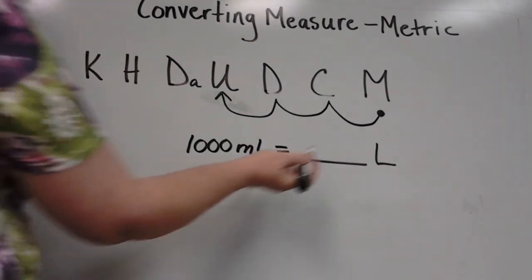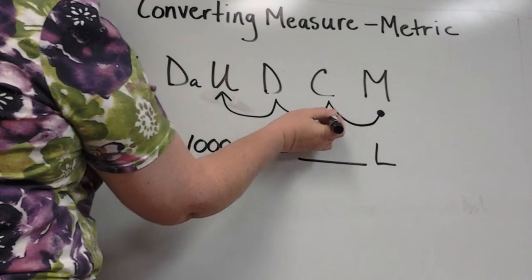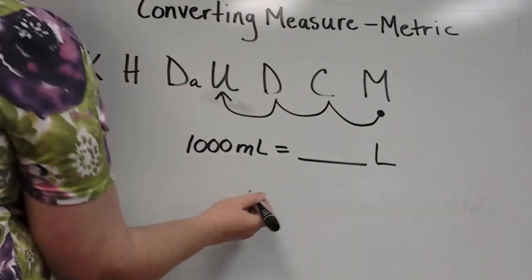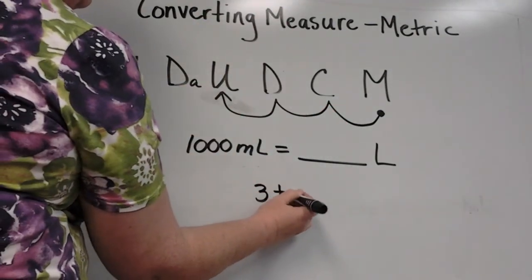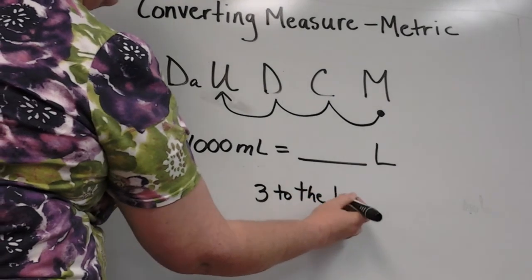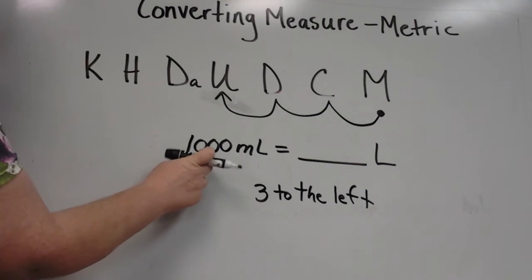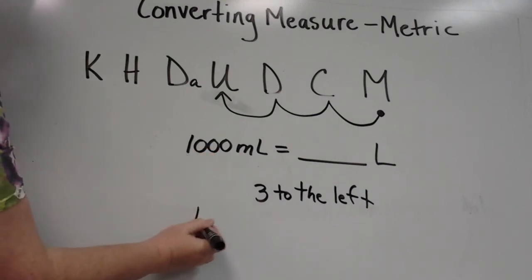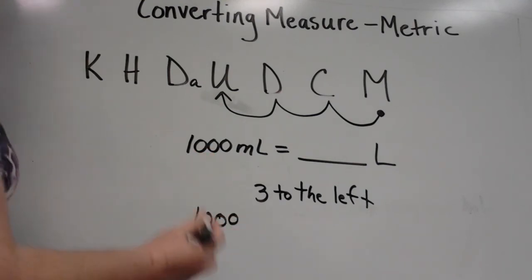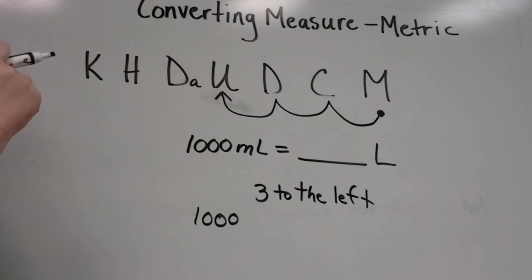So, since I moved 3 to the left, I'm going to write down 3 to the left so I don't forget. Then I'm going to take my number, my 1,000, and I'm going to say, where does the decimal live in a number that they didn't write the decimal?